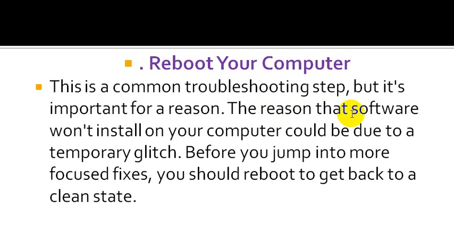The reason that software won't install on your computer could be due to a temporary glitch. Before you jump into a more focused fix, you should restart to get back to a clean state.